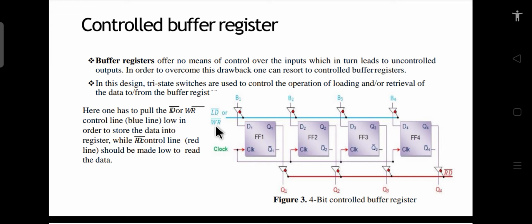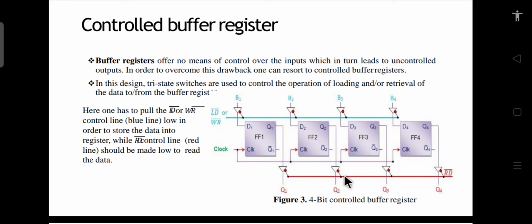So this is what we do, and by this we can control the flip flop, and that is why it is called a controlled buffer register. So there is an improvement from the previous flip flop. On the output side, the data from these flip flops, this 4-bit register, can be read if this RD line is 0.